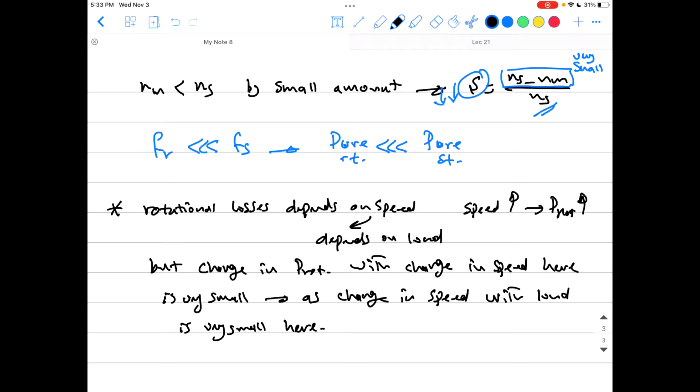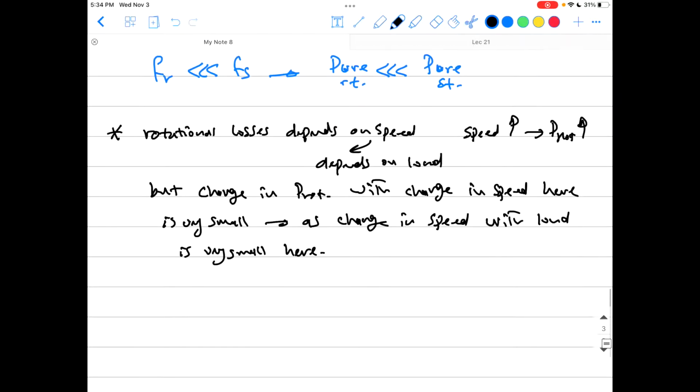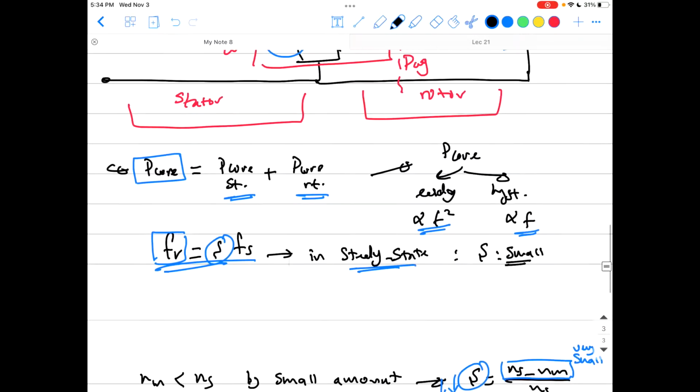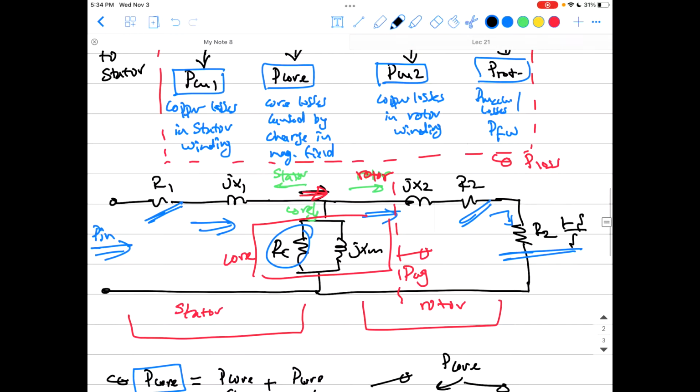So the change in the load changes the speed a little bit, and the change in speed should change the rotational losses a little bit, but this change is very small, so we can just neglect it and assume P rotational does not change by change in load, okay. And that is why we are not representing it by a resistance in the equivalent circuit.